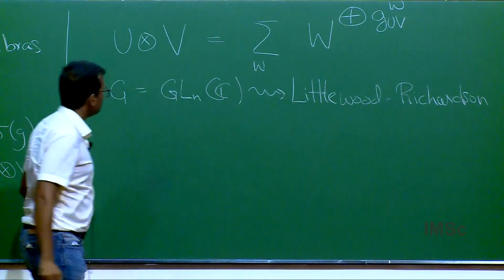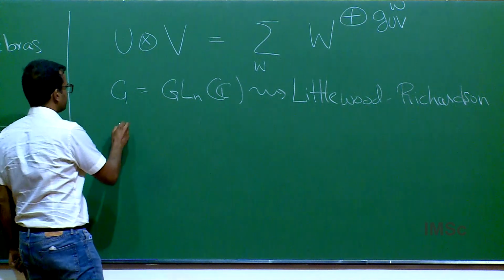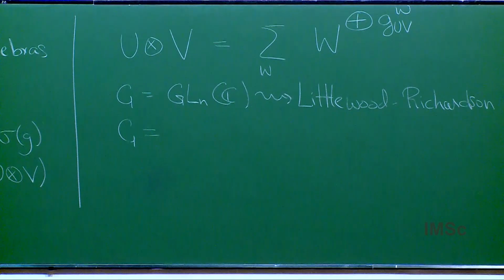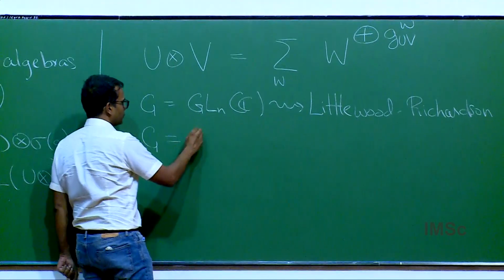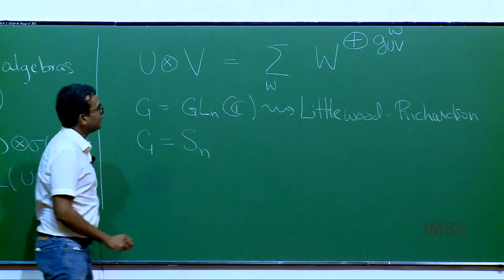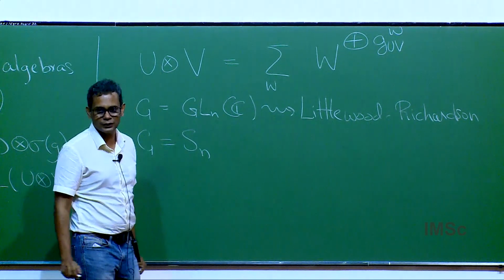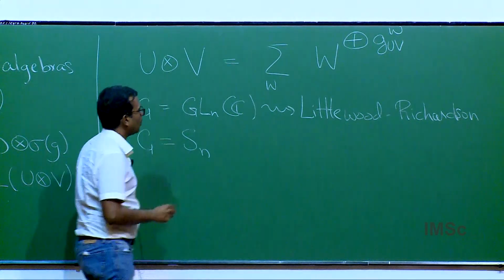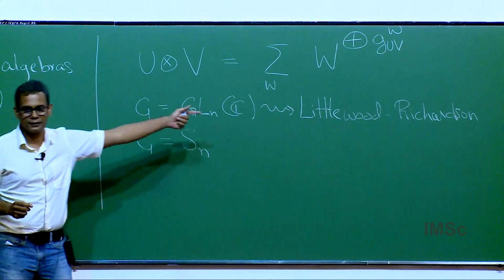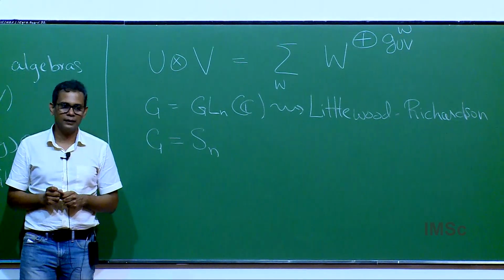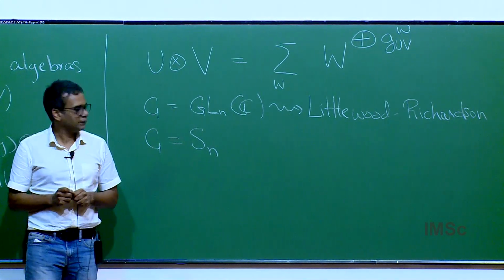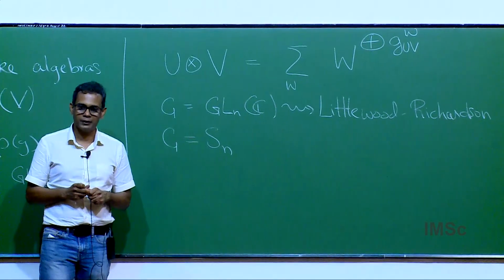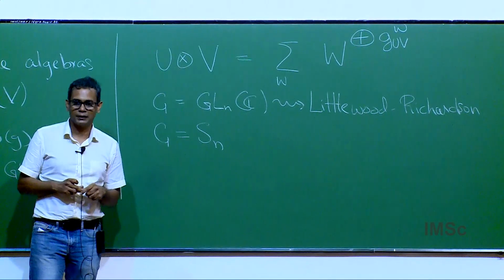Okay, but if G is the other group which was studied by Frobenius and Schur more than 100 years ago, the symmetric group, in that case these are actually called Kronecker coefficients, and this still doesn't have a nice answer like the Littlewood-Richardson rule, and continues to be a problem of some interest to mathematicians, physicists, and computer scientists.